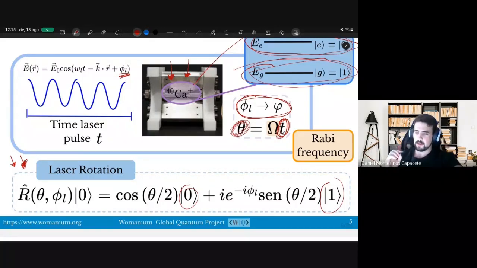But there is one more thing. This parameter here is a constant, and it's called the Rabi frequency. It's a very important parameter in the experiment that must be experimentally measured in order to know this value.